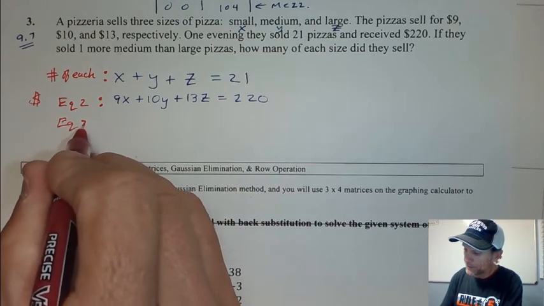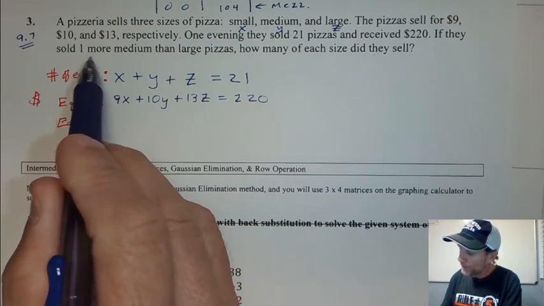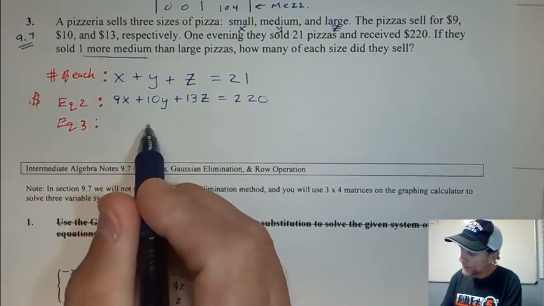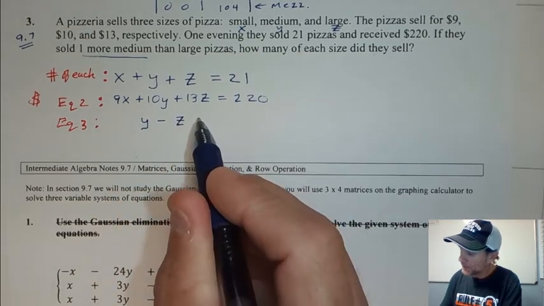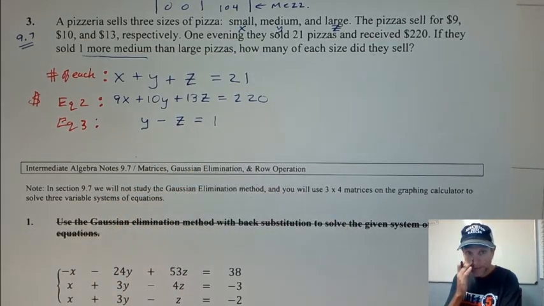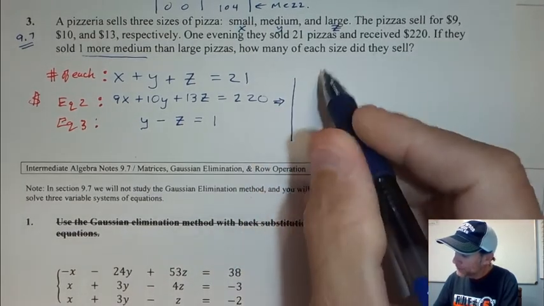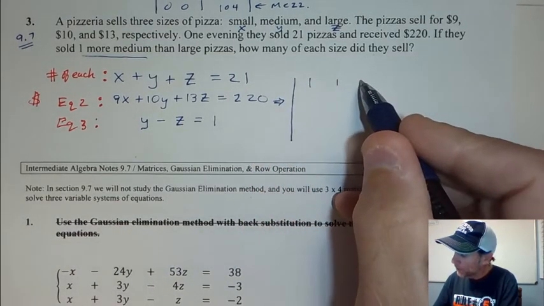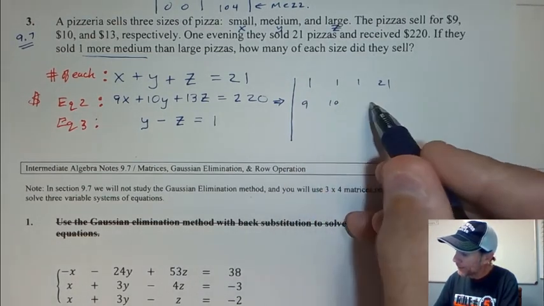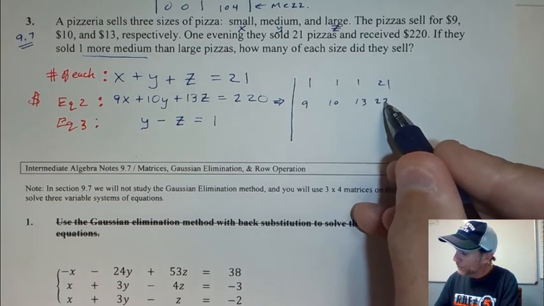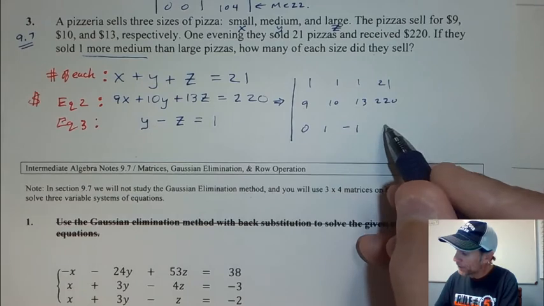For the third equation, they say they sold 1 more medium, so the medium was more than the large by 1. And what we get here then is our matrix, which is 1, 1, 1, 21, 9, 10, 13, 220, 0, 1, -1, 1.